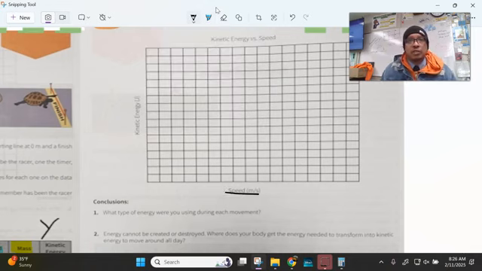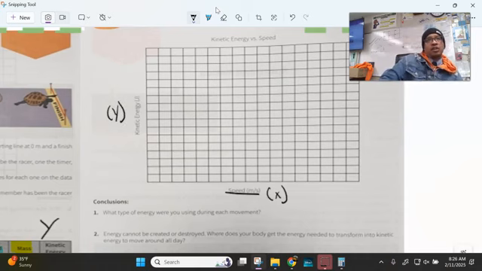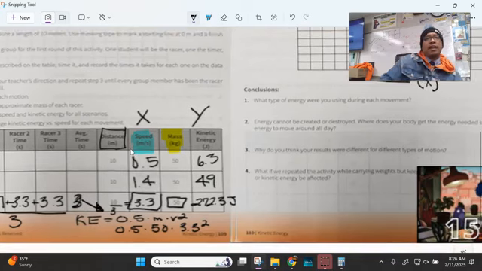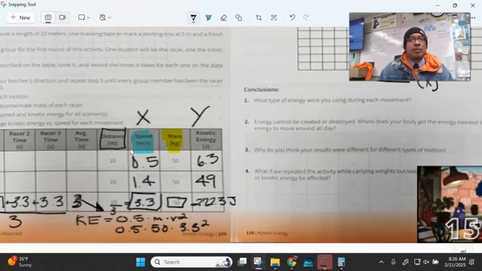Right here it says speed is on my X-axis, so that's X. And then it says that on my Y-axis is going to be kinetic energy. If you look down here in the data, I already have that labeled. So these are all my X coordinates, and these right here are going to be my Y coordinates.